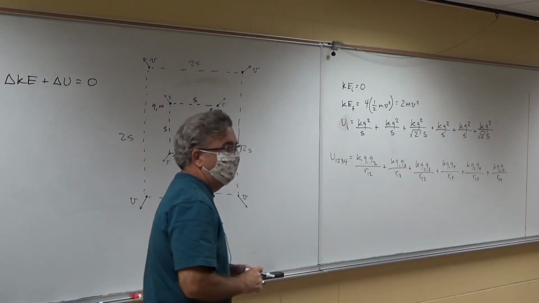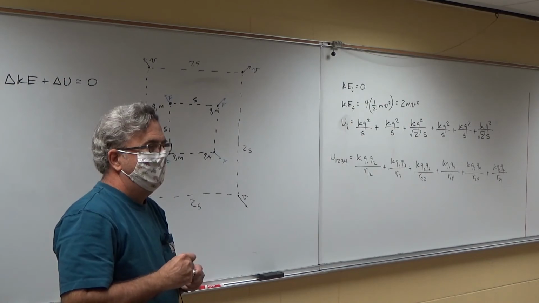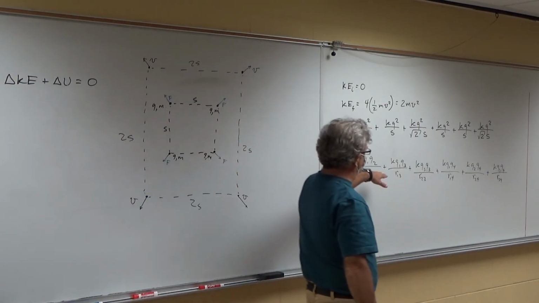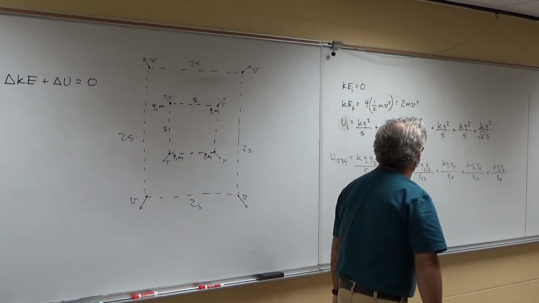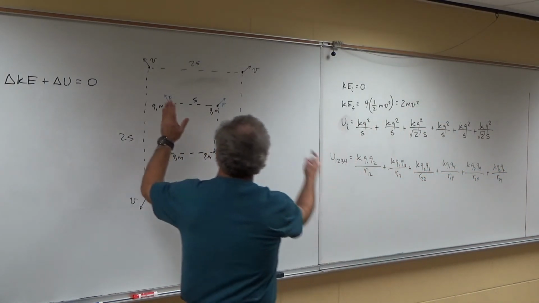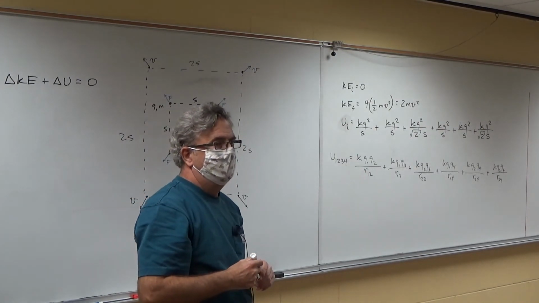Okay. All I'm doing is replacing these numbers with my variables over here. That's the potential energy of that collection of charge, the initial potential energy.